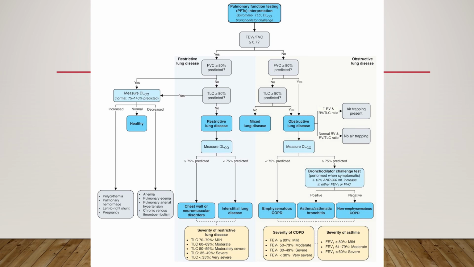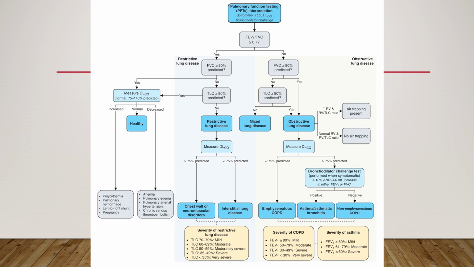So coming down from there, you've got different pulmonary function tests you can look at from your obstructive lung disease branch to see whether it's pathology where there's air trapping present or there isn't air trapping present, and that can help you determine what kind of breathing techniques to give your patient.